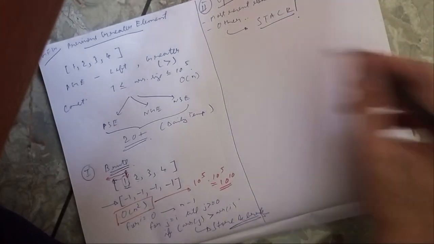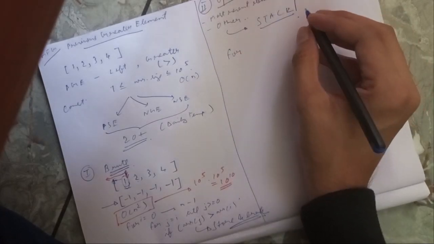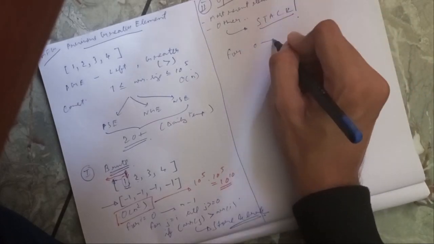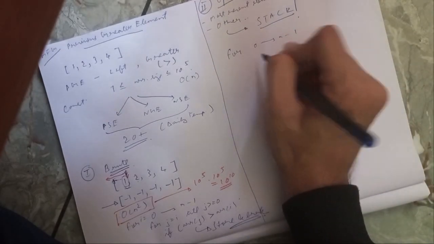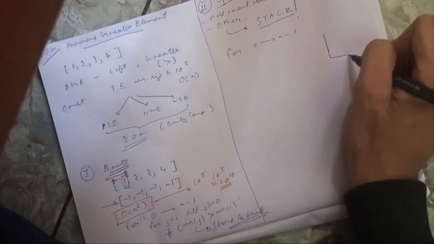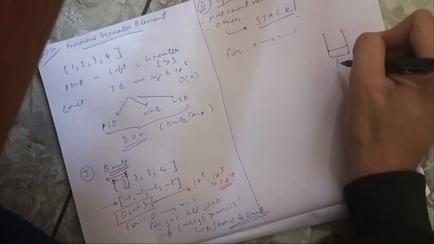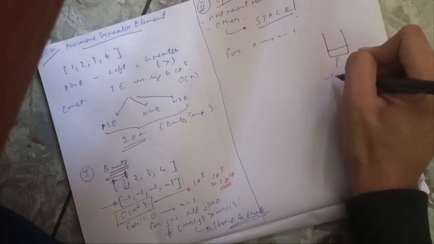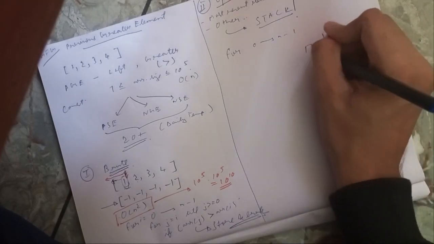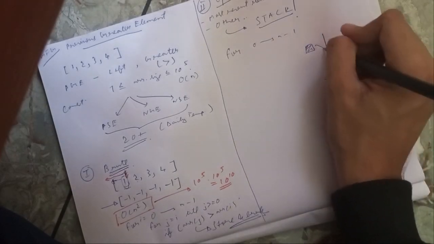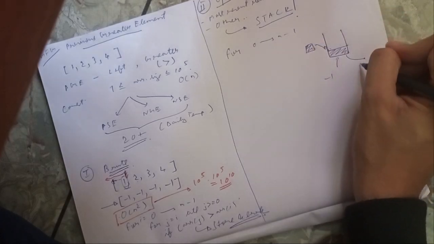So what we can do is a for loop from 0 to n minus 1, and let's say this is the stack. Now if there is nothing in the stack, then the answer will be -1, and if the top element of the stack is greater than the element we are comparing with, then this will be pushed to the answer.